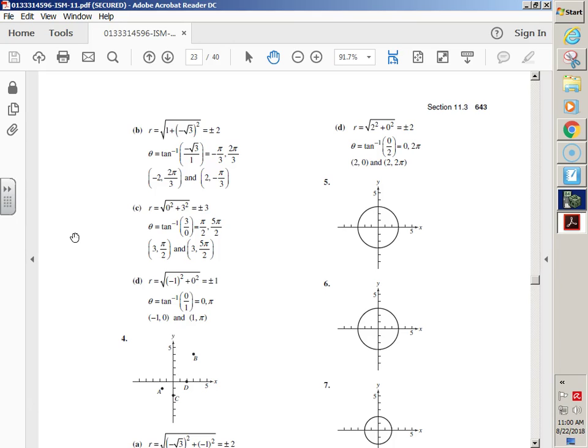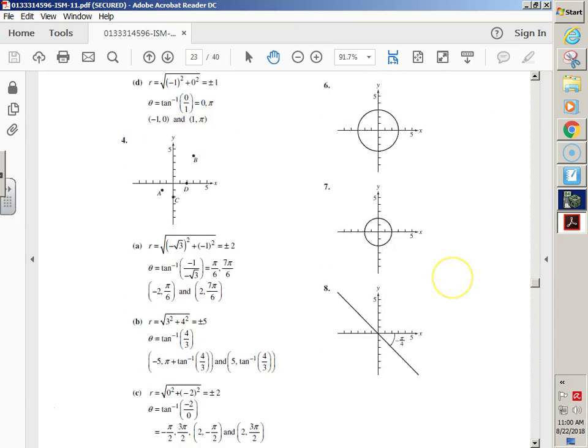Oh, are you just doing points on the circle? No, that's not the circle. It's a different one. You're doing D. So you could have done 0, 2, or you could have done 2 pi, 2, or you could have done pi, negative 2. Does that make sense? The negative goes the opposite way of the angle. So if you're going towards the angle, always positive. If you're going away from the angle, always negative.